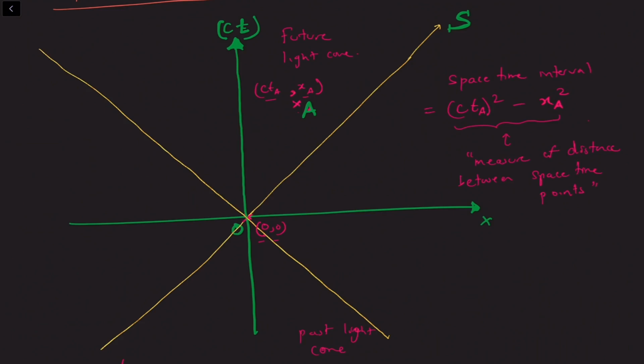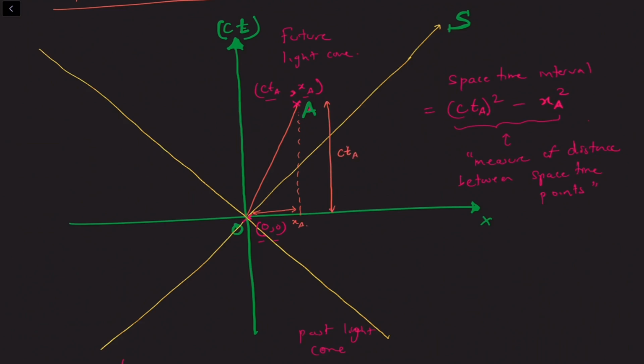And so now if I compare with the Euclidean distance measure, that is, if I just look at the sheet of paper and I just draw the line connecting O with A, okay, so on the sheet of paper, this distance is xa, and this distance is cta.